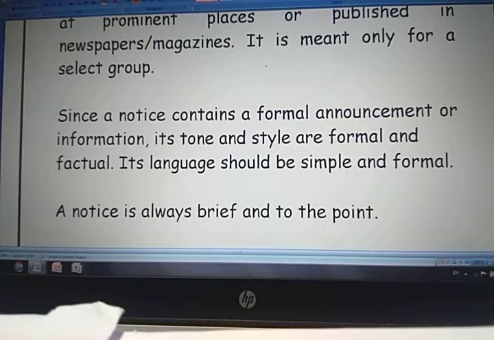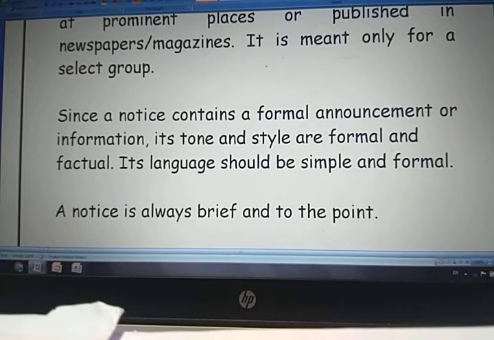And not only that, the language should be as simple and as formal as possible.